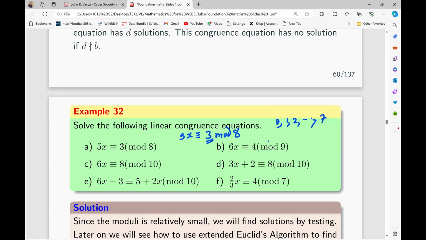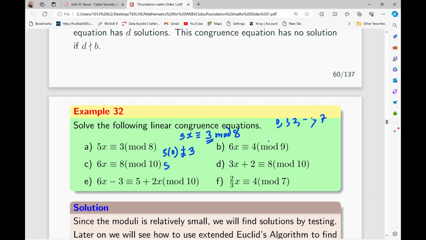So that it just tries 0, multiplied by 5, and discovers that the remainder is not 3, because this will be 0. 0 divided by 8, the remainder will be 0.